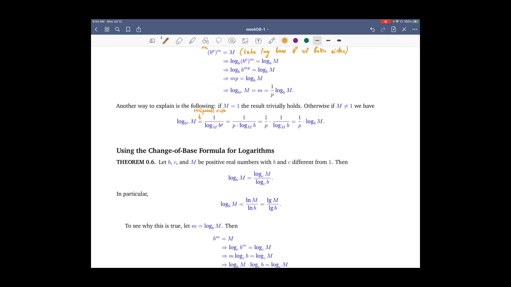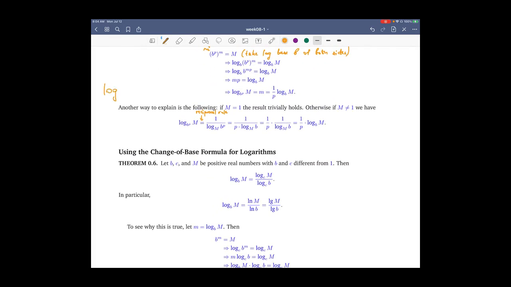Remember, reciprocal rule says that log Y base X equals 1 over log X base Y. That is, of course, if both are positive and neither is equal to 1.